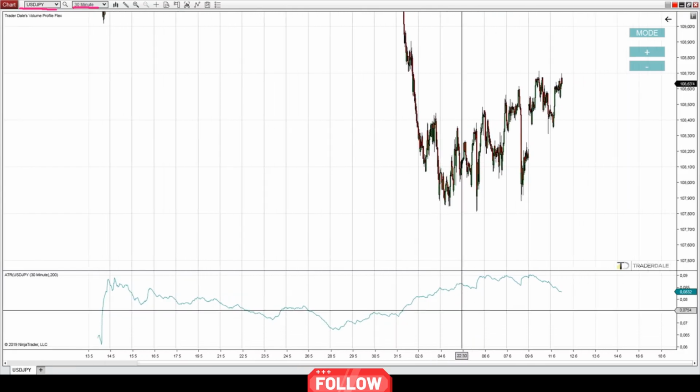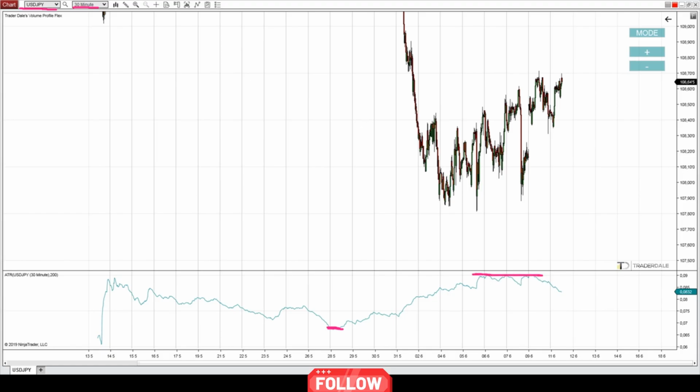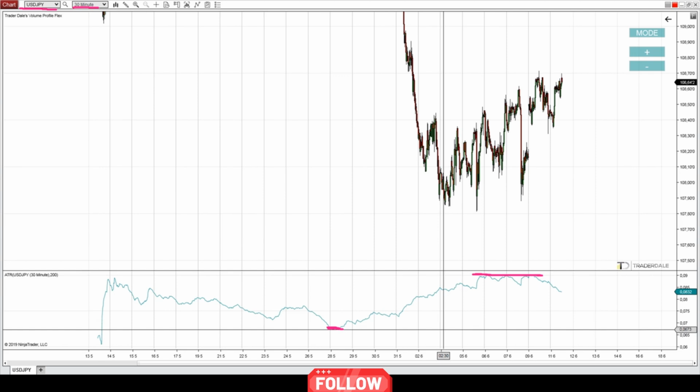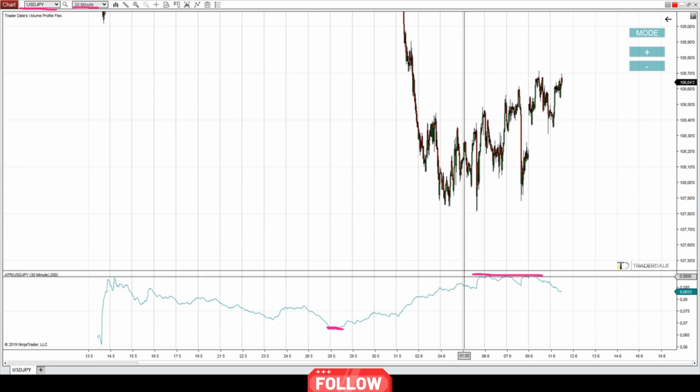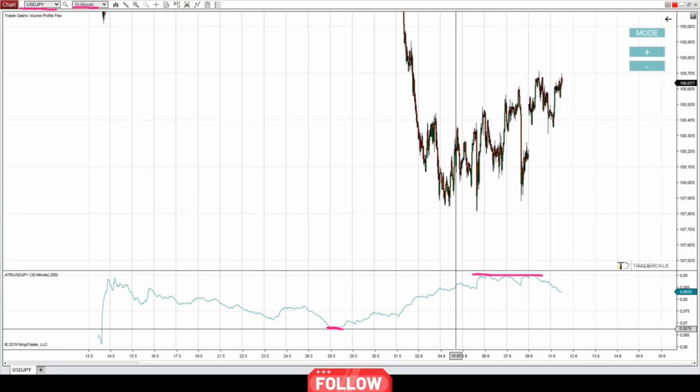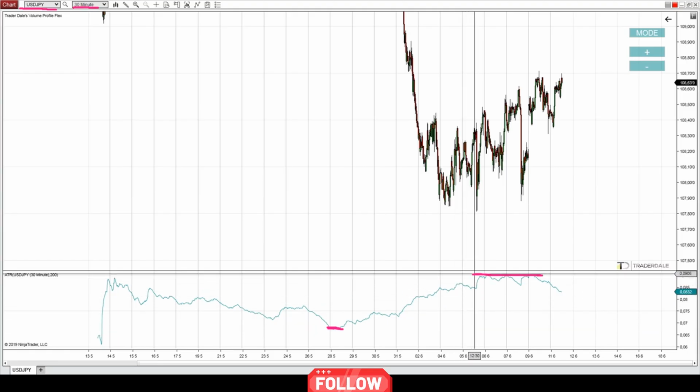As you can see, in this case, the average volatility is somewhere from this place to this place. So it's roughly 67 pips per day to around 90 pips per day, right? 67 to 90.